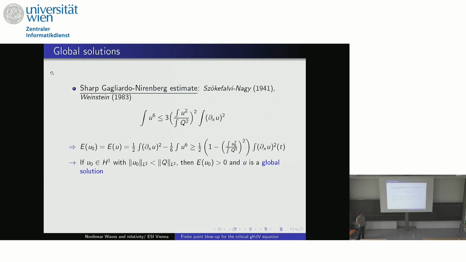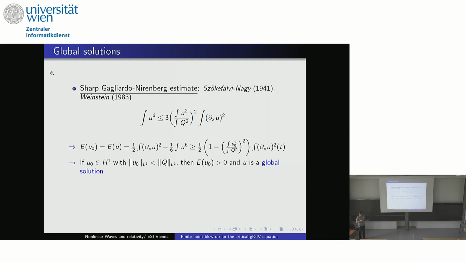So if you take U0 in H1, with L2 norm strictly smaller than the one of Q, then first the energy of U0 is positive, and second, you get a control on the H1 norm, and so you can reapply the local theory for arbitrarily large time, and so you get global solutions.